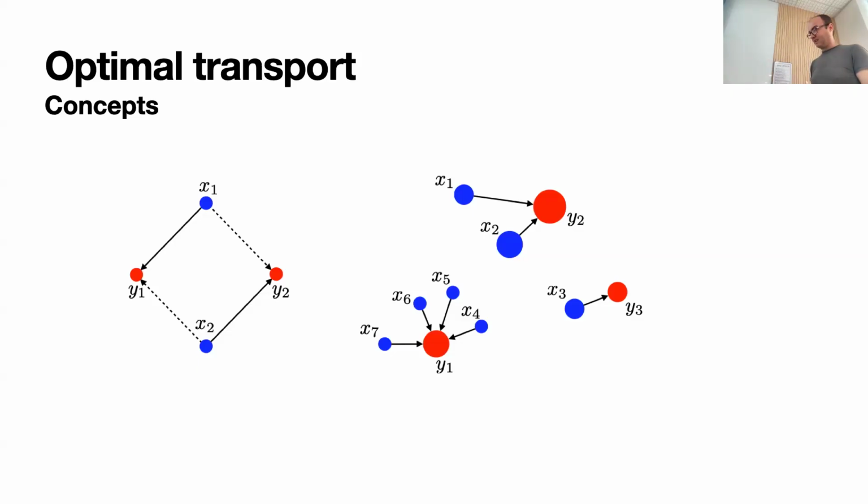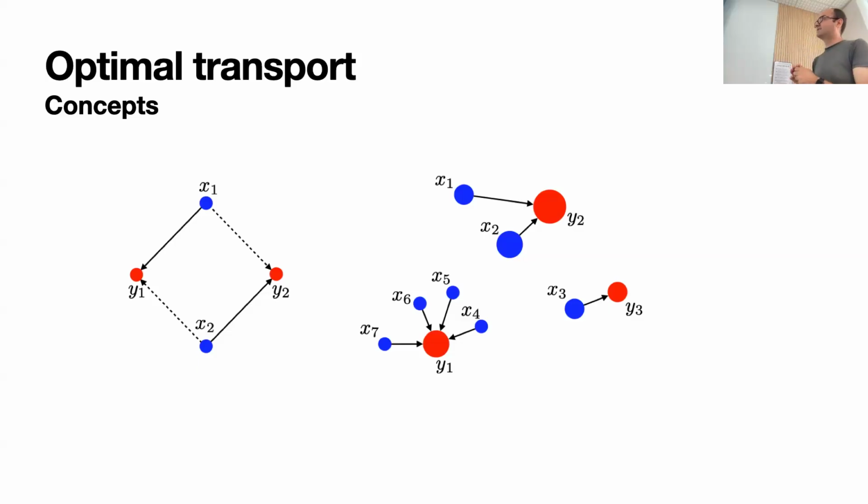We would like to transport the raw materials from the blue dots to the red dots in the most efficient manner, while at the same time we want to transfer everything that is blue to become red without any loss.